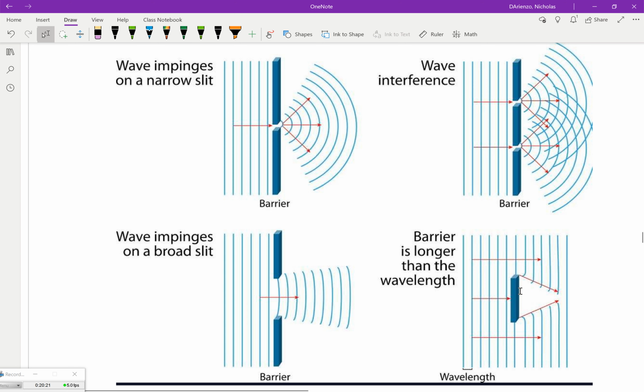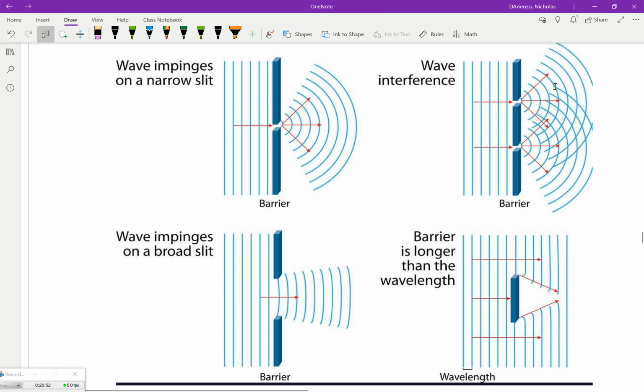If this barrier was longer than the wavelength of a wave of sound, we would essentially not hear anything at all right here behind the barrier. It doesn't usually happen very often because we don't necessarily have a barrier that's longer than the wavelength of a wave of sound, but it is certainly possible. So if this was a sound wave, in order to hear it, you'd have to stand kind of back here where we'd be interacting with the wave fronts a little bit more.